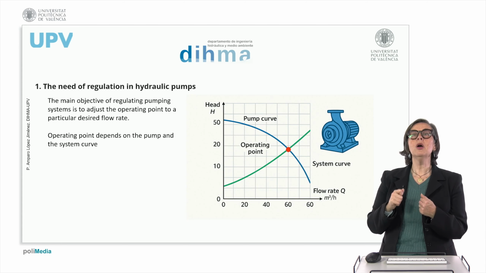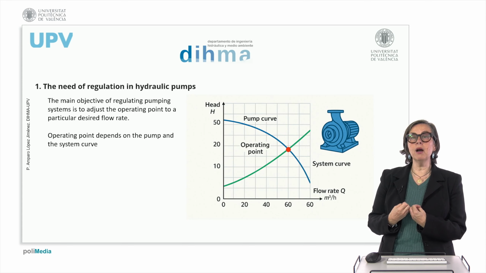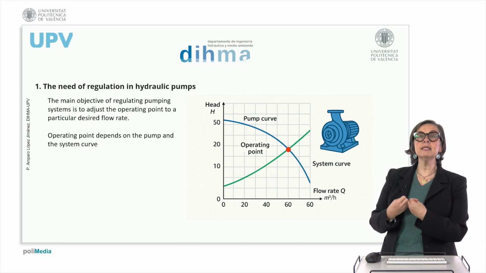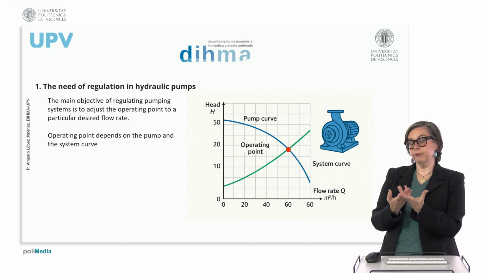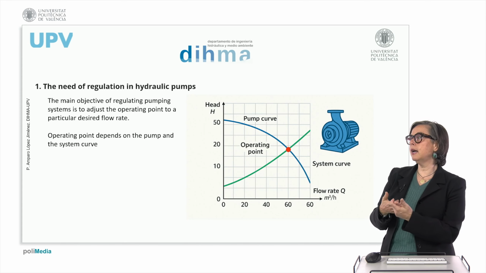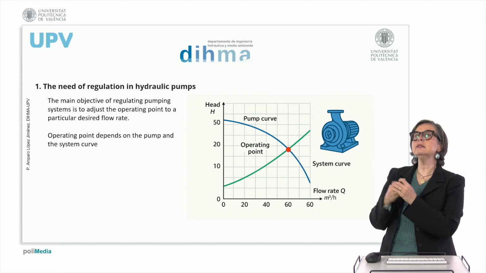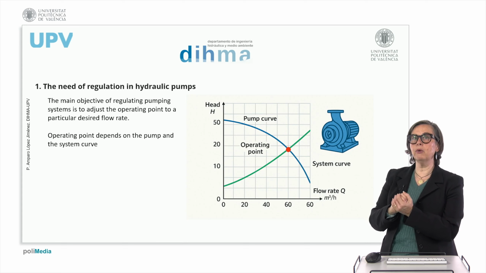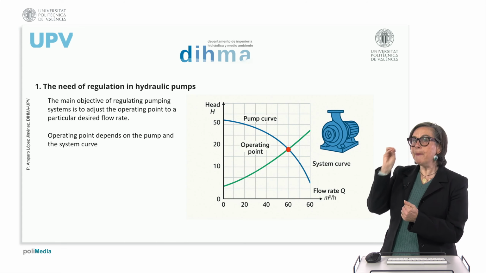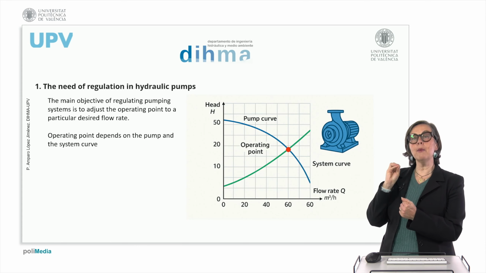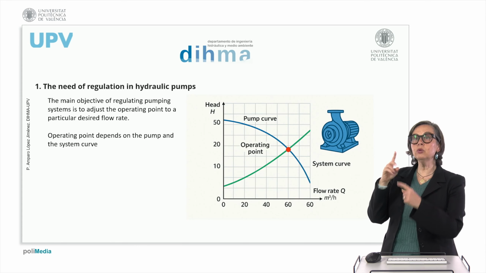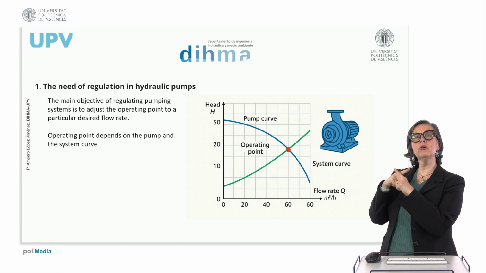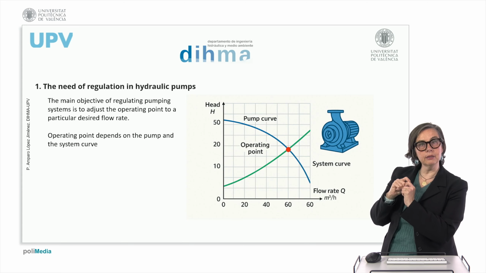To do so, pumps absorb power. In this case, they absorb power from an engine in terms of absorbed power. So when we need a particular point with a particular flow and a particular head, we need to intersect both curves in the operating point.